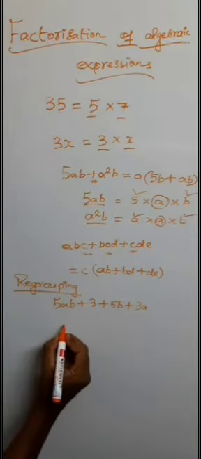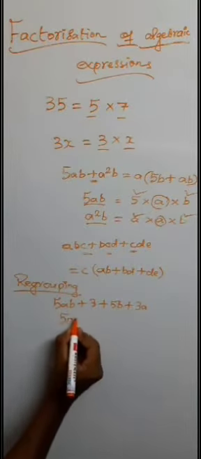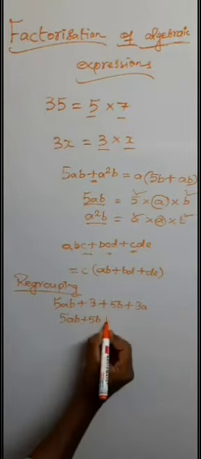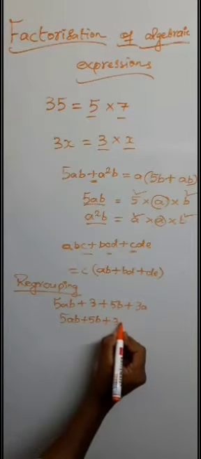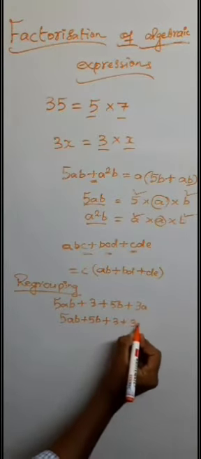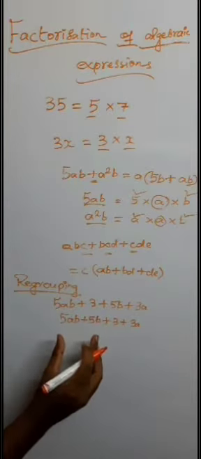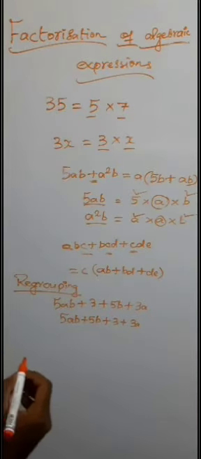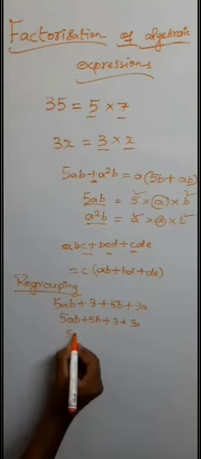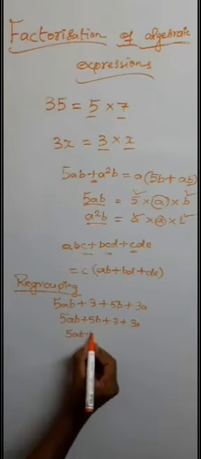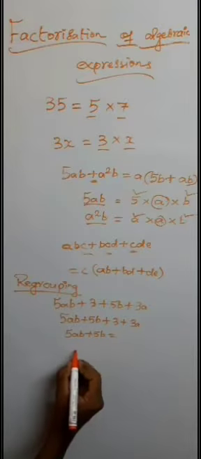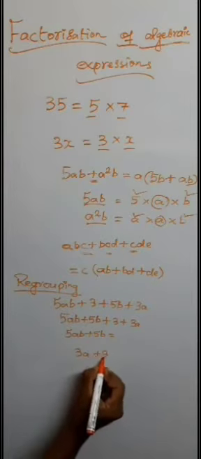Let us see how to do it. 5ab plus 5b plus 3 plus 3a. In this way, we need to regroup an algebraic expression. 5ab plus 5b and 3a plus 3.